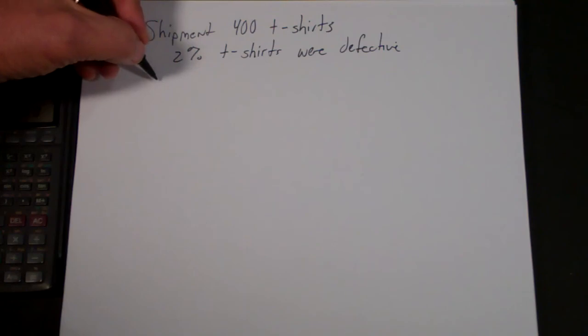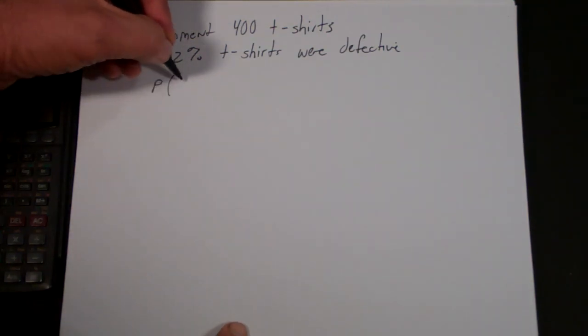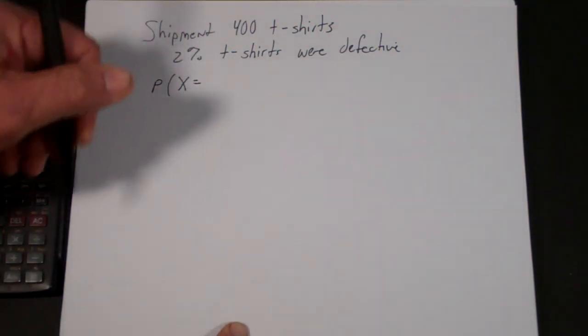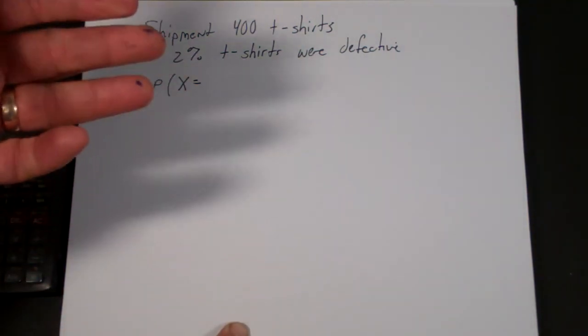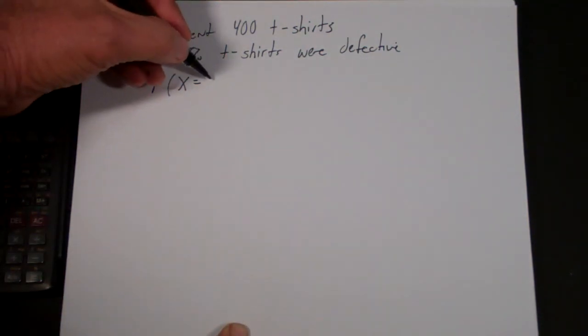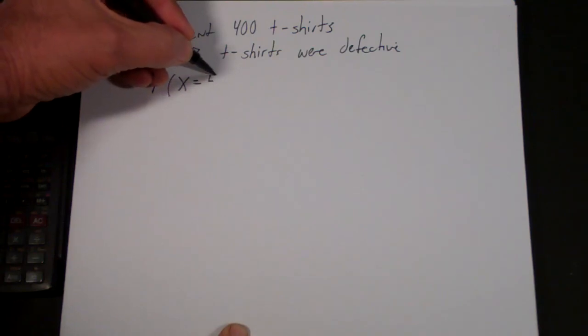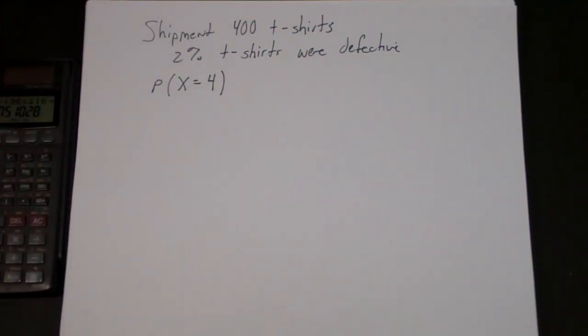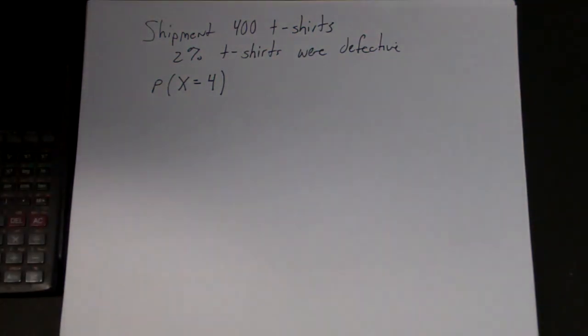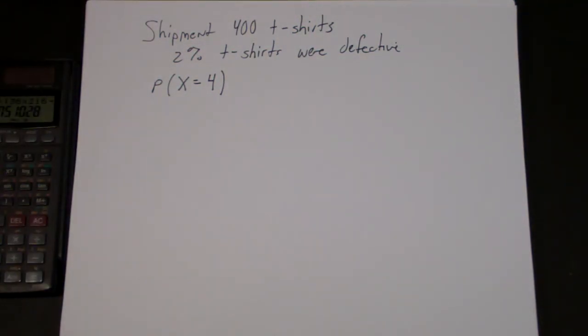And what you want to know is the probability that X, that is X is the number of defective t-shirts you have, is going to equal 4. A more realistic problem is you might want to find out the probability that you have either 1, 2, 3, 4, or 0 defective t-shirts, but that would just be a problem where you would add them together.